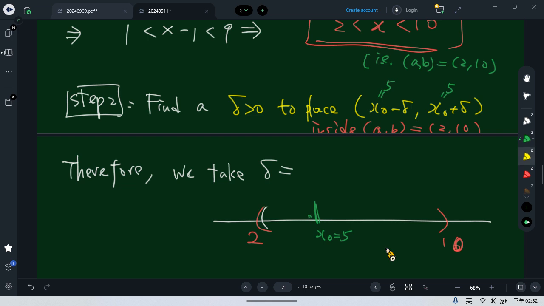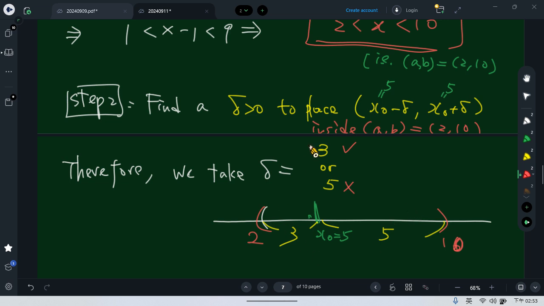So from 5 to the left end, the length is 3. To the right is 5. So can you tell me, should we take 3 or 5? 3, right? 3 is correct, right? Can we pick 5? No.